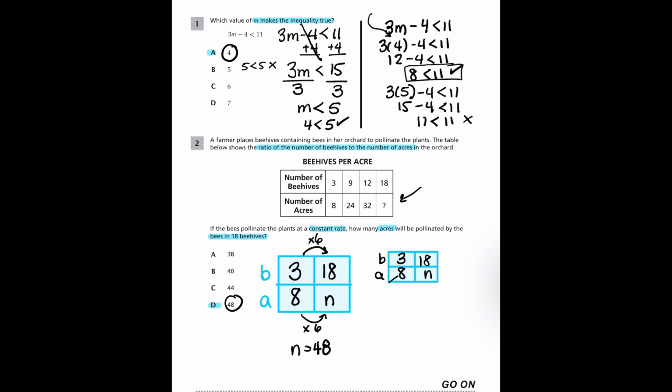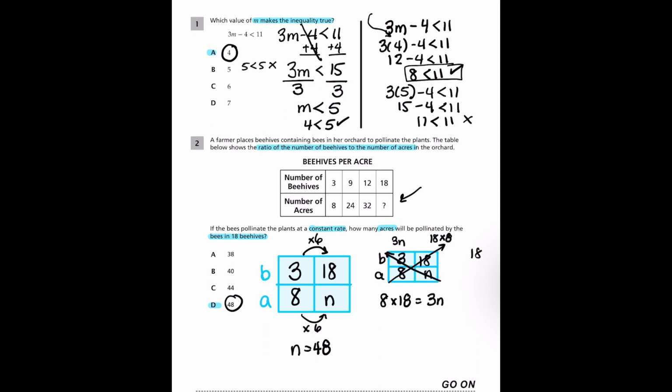So 8 times 18 is equal to 3 times a number. And all I did was cross multiply. So 3 times a number, 18 times 8. Let's simplify that part out.